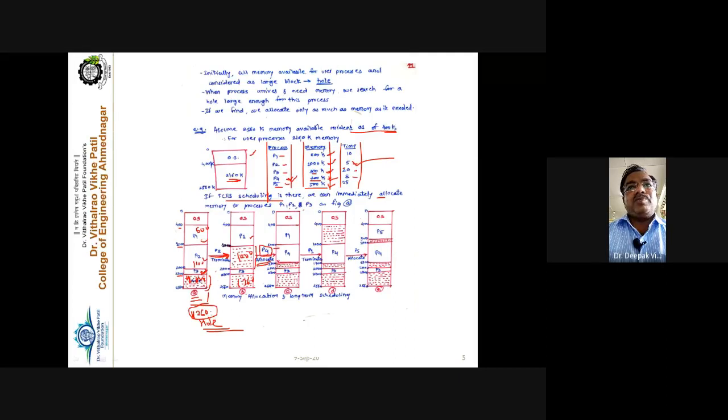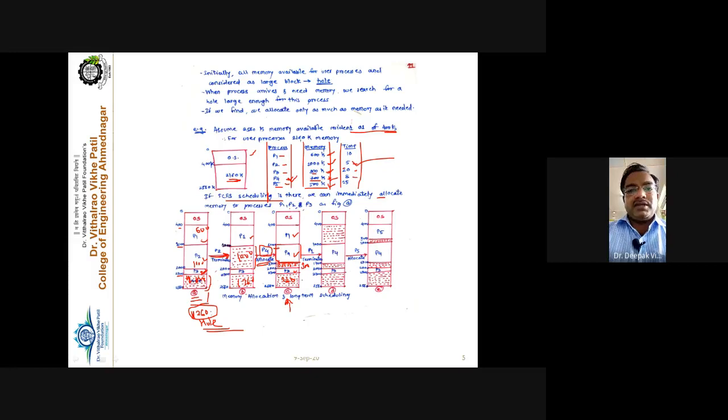So P4 occupies this memory space, and from 1700 to 2000 a hole is created, and the hole size is 300K. The initial 260K hole is as it is. So the scenario of the main memory is like this: P1 is in execution state, P4 is in execution state, and P3 is in execution state.